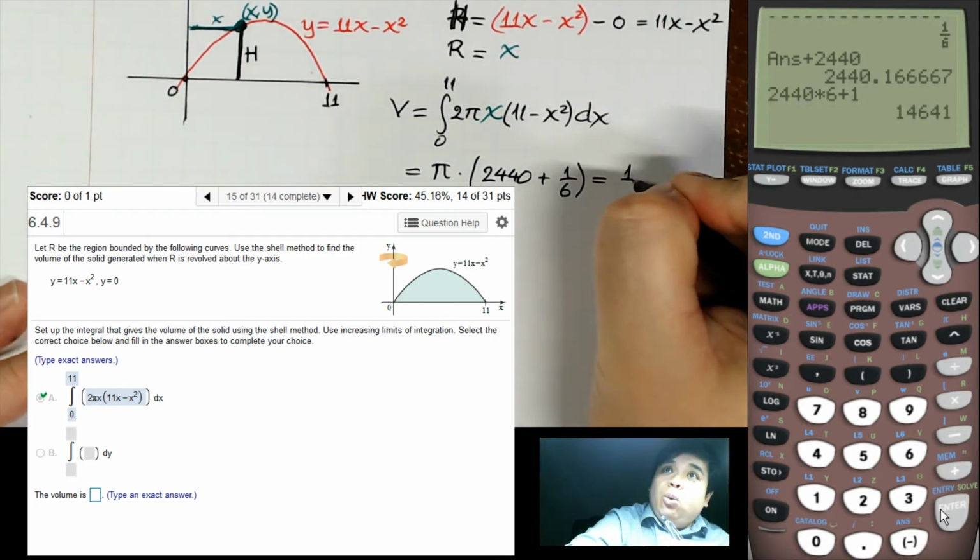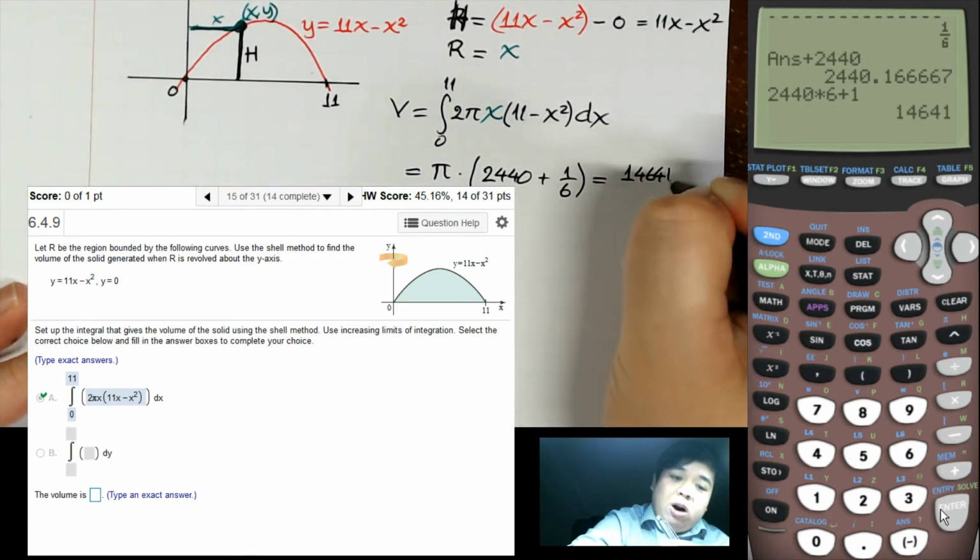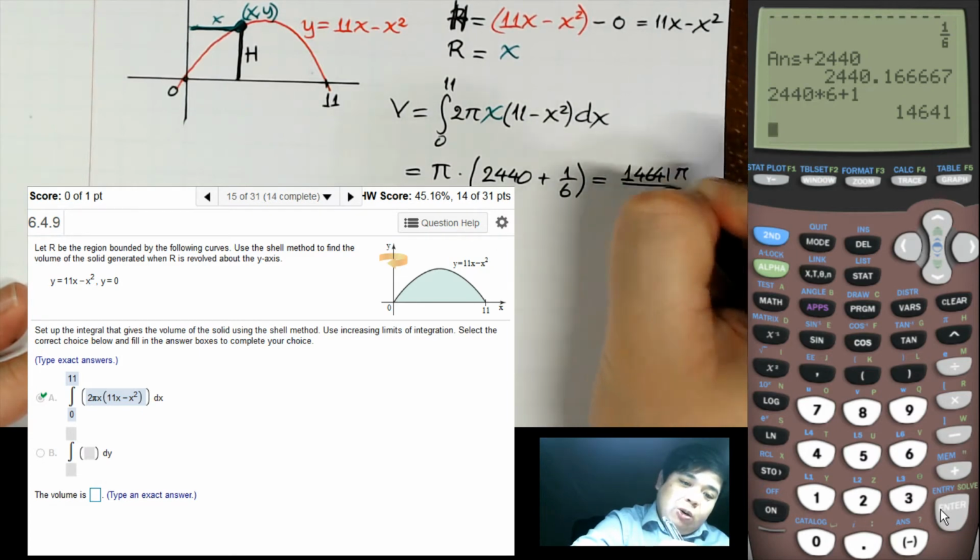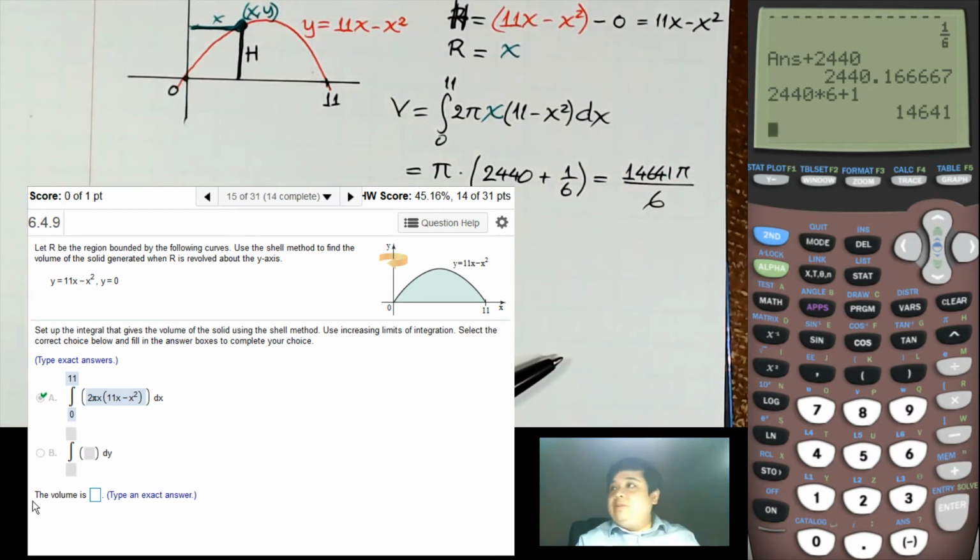Okay, 14641 pi over 6. 14641 pi divided by 6.